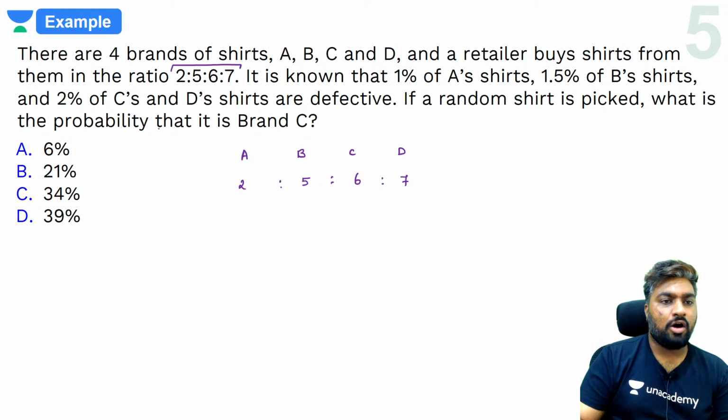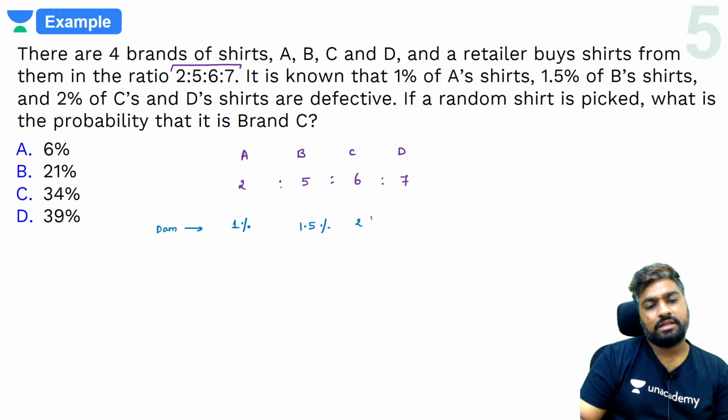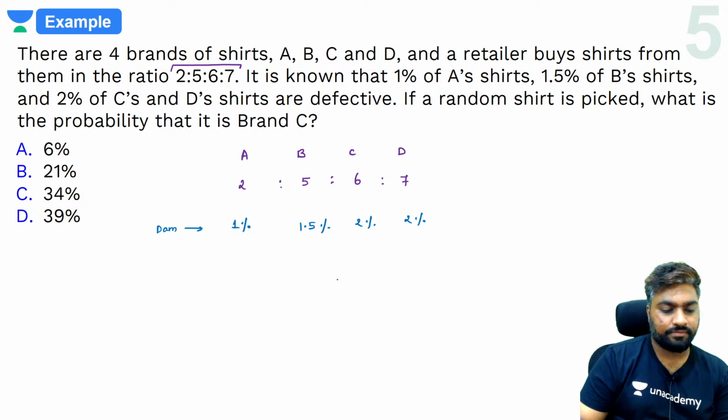Yes, out of this they are saying that 1% of A's shirt is damaged, 1.5% of B's shirt is damaged, 2% of C's shirt and 2% of D's shirt is damaged. Yes, what is the question asking from us?